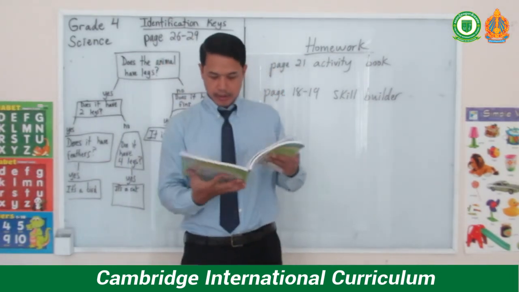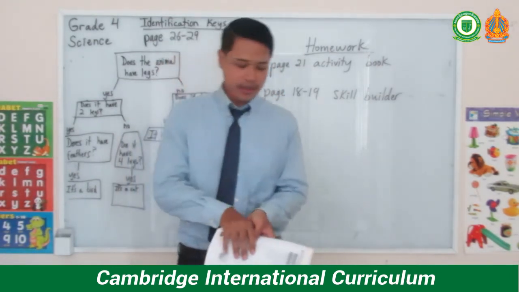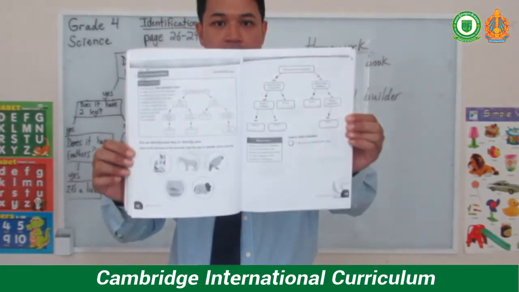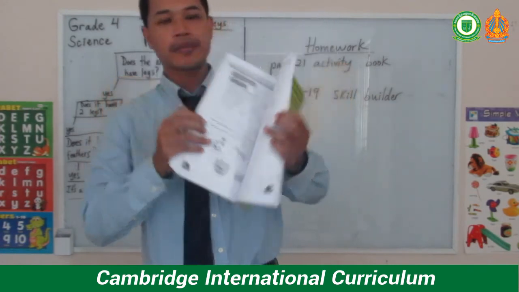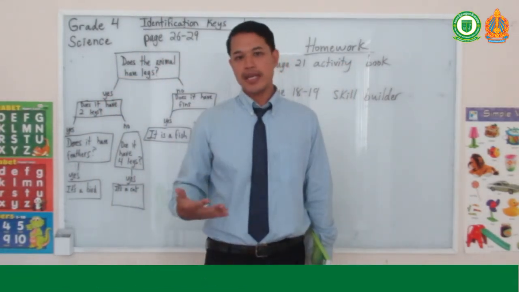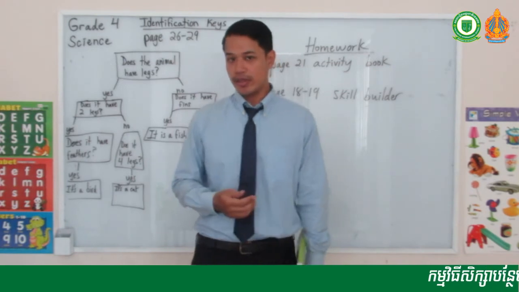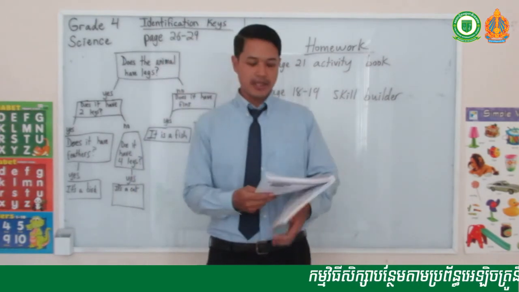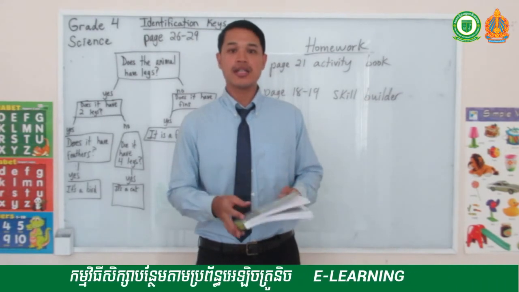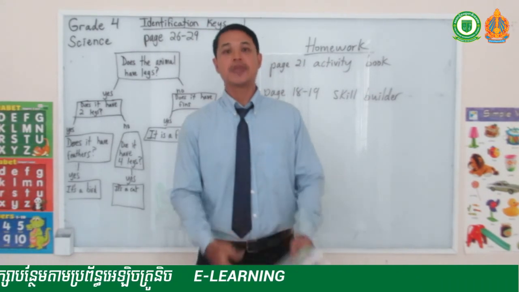More work for you with the identification key. Once you're finished, take a picture and post it to our group. If you have any questions, please ask in the group. We are all there to help and learn.